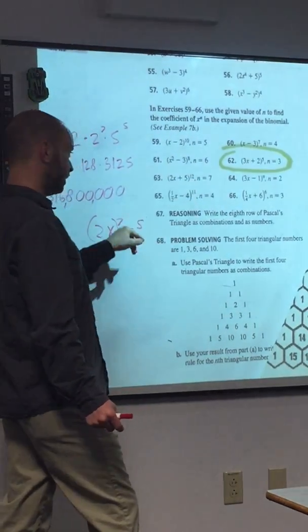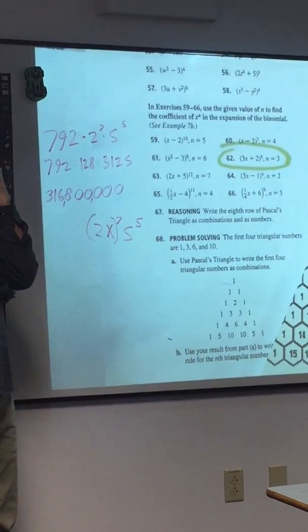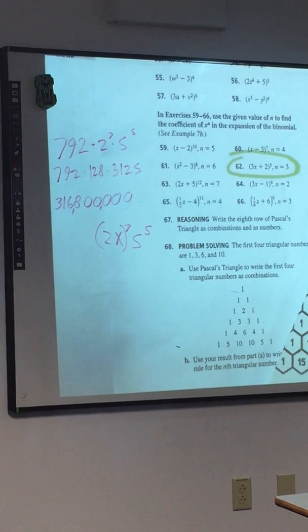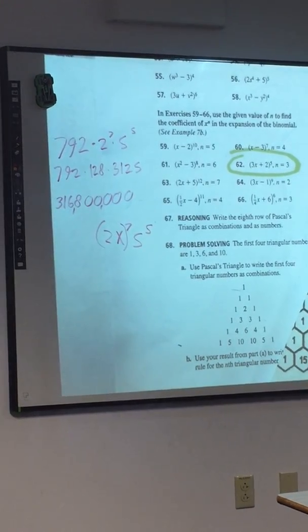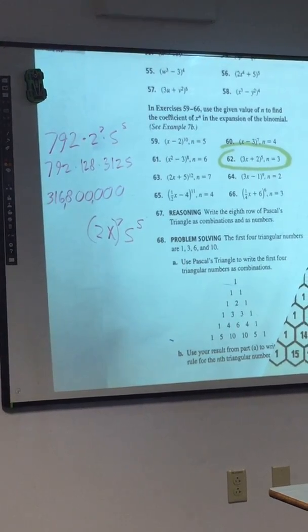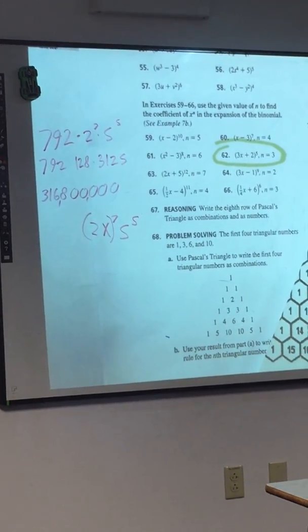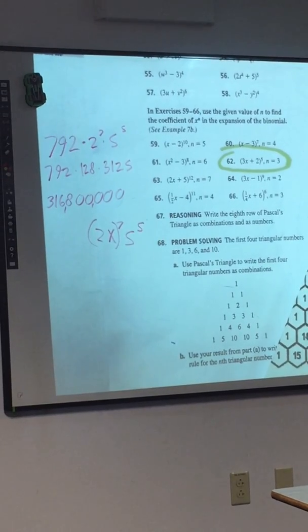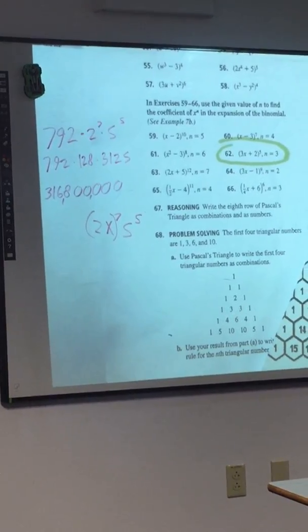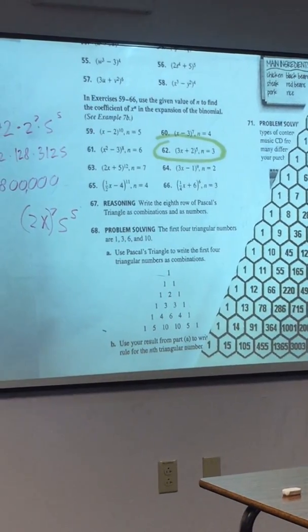Yeah, and 7 and 5 is 12, right? Yeah, but it still goes from 0, because the original one will be 12C0, and then it goes all the way down to 0C12, so there will be 13 different things. So it'll not be 12 different things.